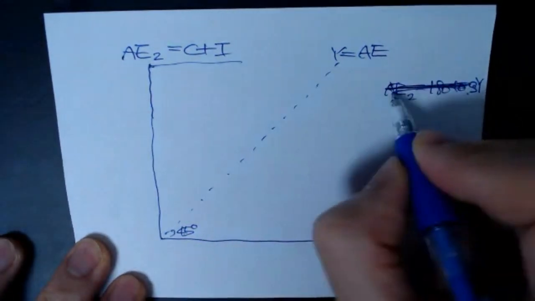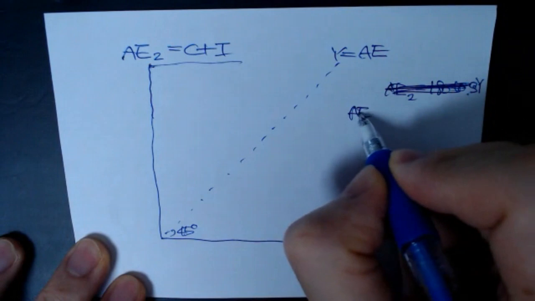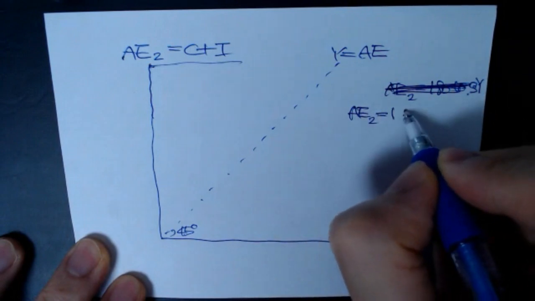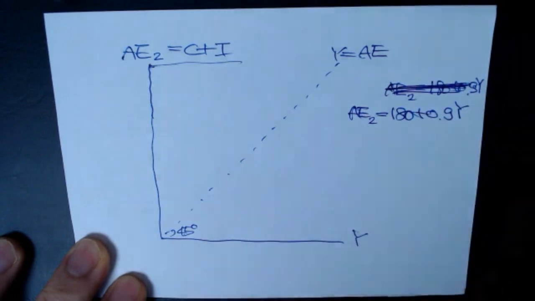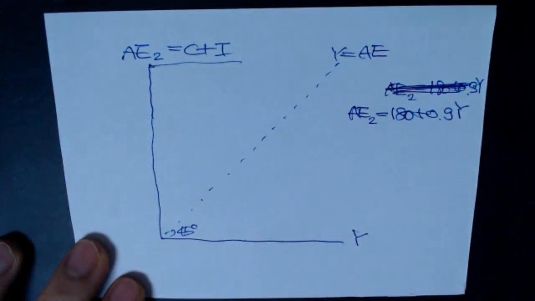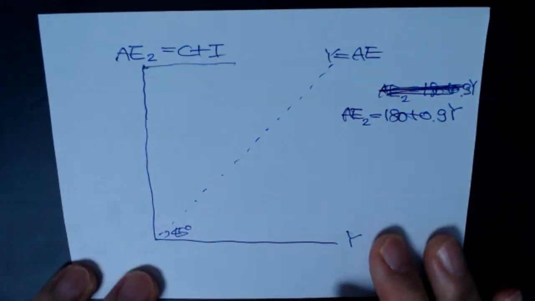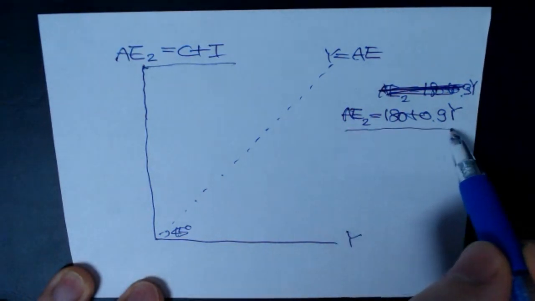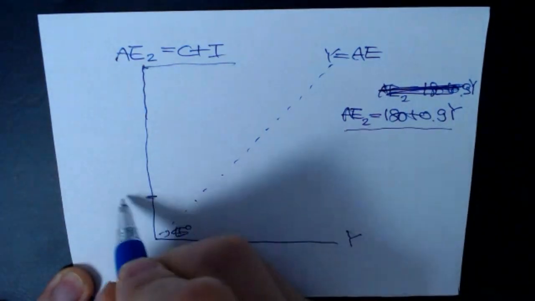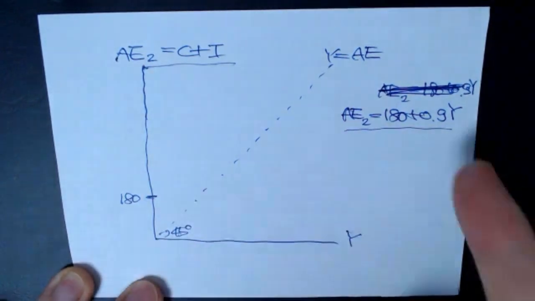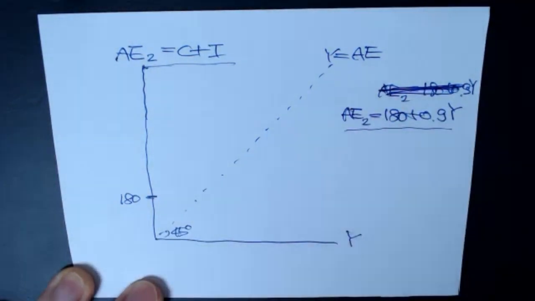Sorry, I think it's too small for you. Aggregate expenditure 2 is 180 plus 0.9y. We're going to add this one to here and find the equilibrium. So intercept 180, slope 0.9.